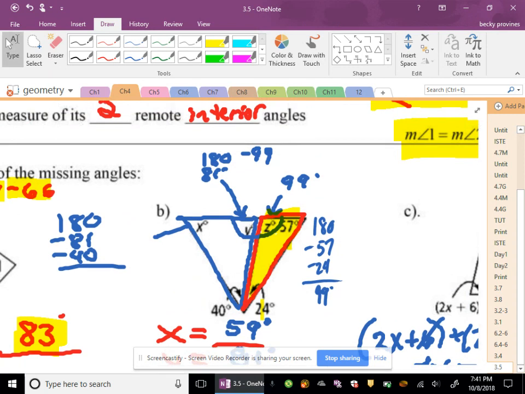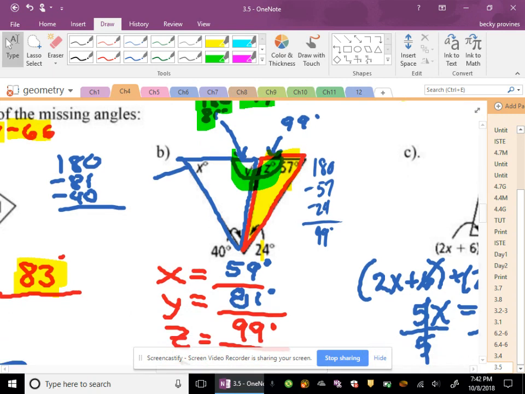Now, how do you get the rest of them? I notice that Y and Z together form a linear pair, and we know a linear pair always has a sum of 180. So I took 180 minus 99, and I get 81. It's kind of hard to read, but here it's easier to read.